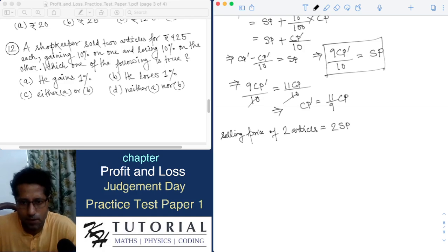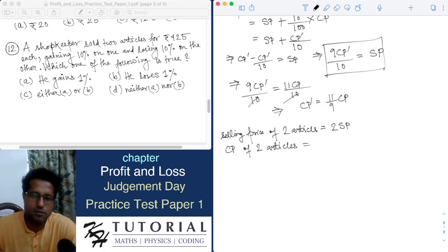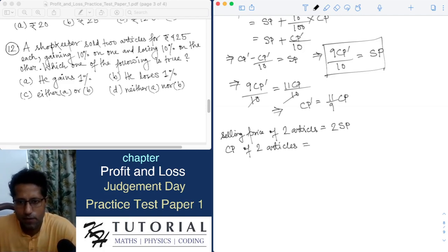Now the cost price of two articles is CP plus CP dash, and we know that CP dash is equal to 11 by 9 CP.